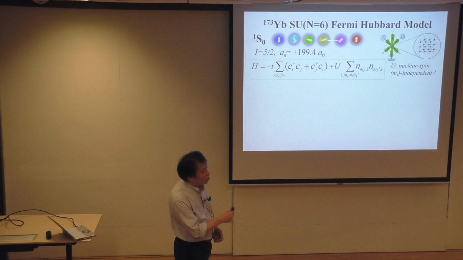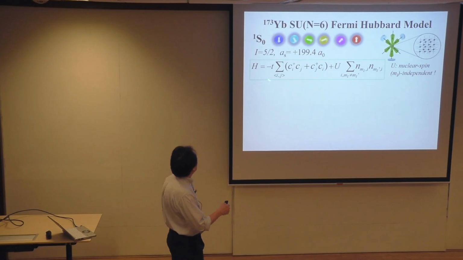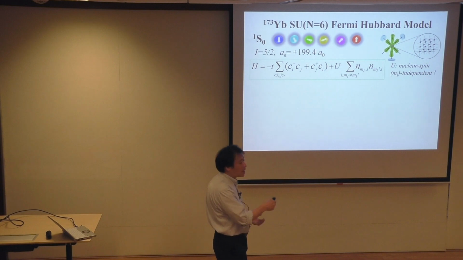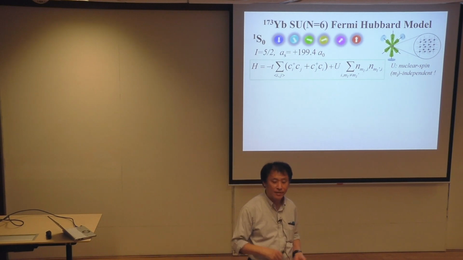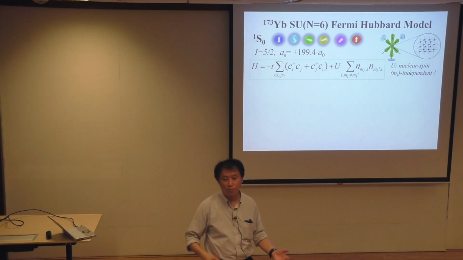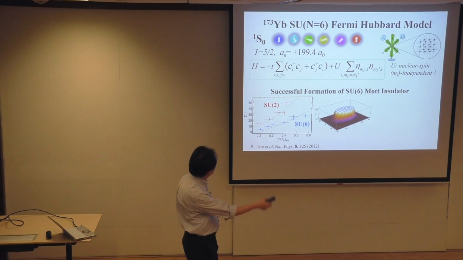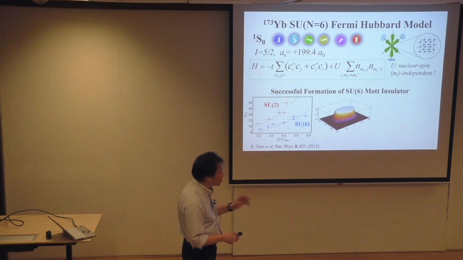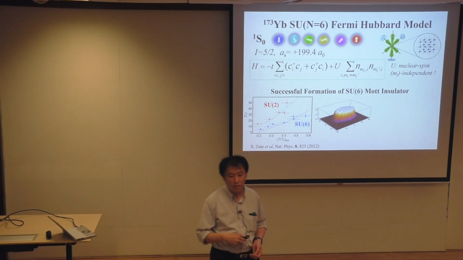and repulsive interaction with this scattering length. The SU(6) Fermi Hubbard model can be written like this. Here you can see that the on-site interaction is nuclear spin independent, which assures the SU(6) symmetry of this system. Using this system, previously we successfully demonstrated the formation of an SU(6) Mott insulator state like this.